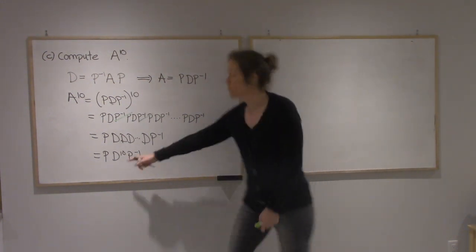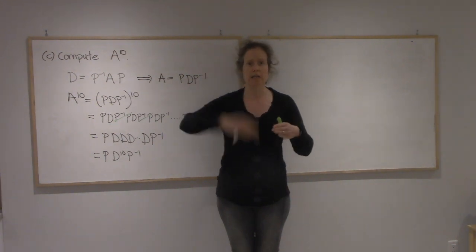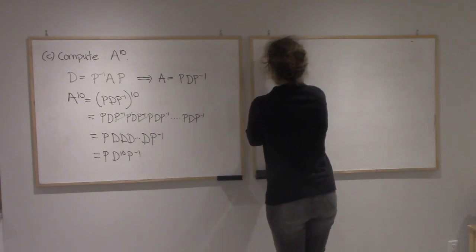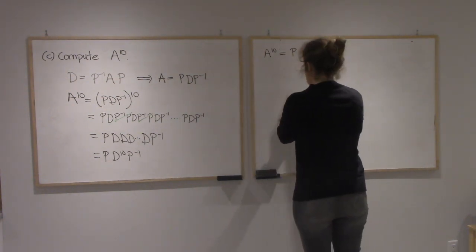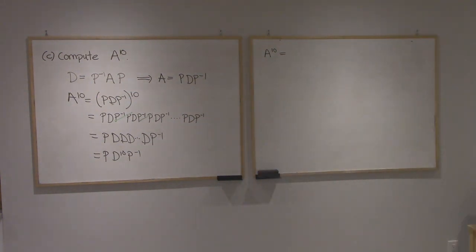Now we've already computed D to the 10, and it wasn't hard because D's diagonal, you just take the powers of the diagonal entries. So now we're ready to compute A to the 10. It's P, actually let me write what P is, I don't remember.